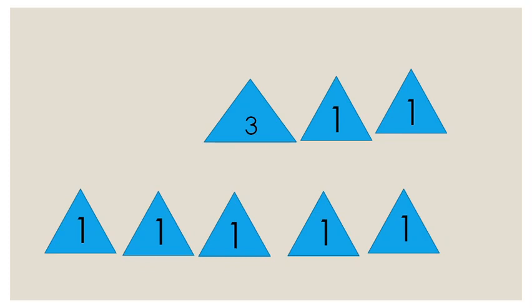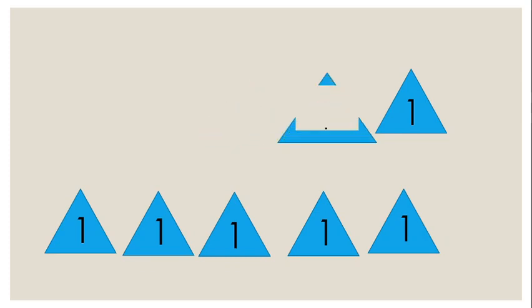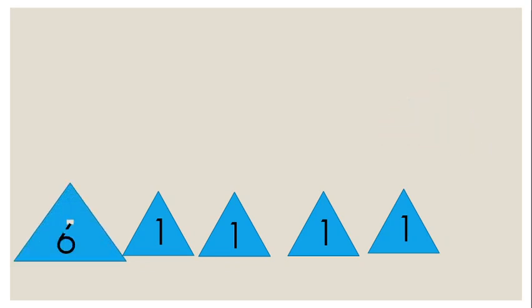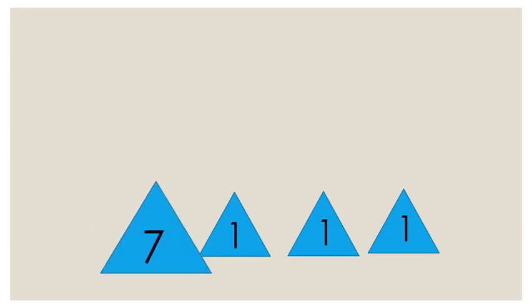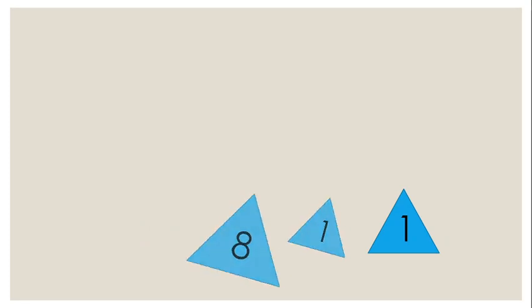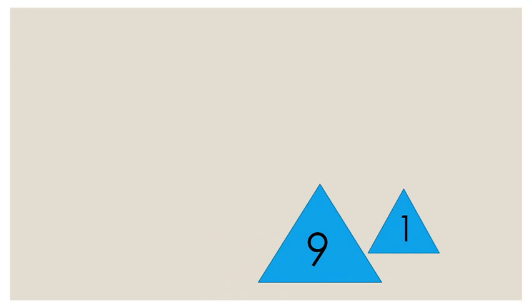Then 3 plus 1 becomes 4, 4 plus 1 becomes 5, 5 plus 1 becomes 6, 6 plus 1 becomes 7, 7 plus 1 becomes 8, 8 plus 1 becomes 9, and 9 plus 1 becomes 10. So like this, 1 ten is equal to 10 ones.